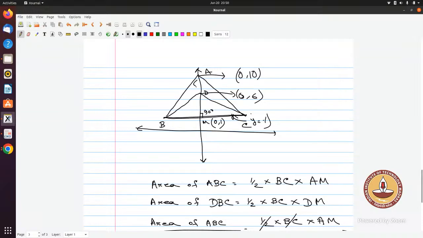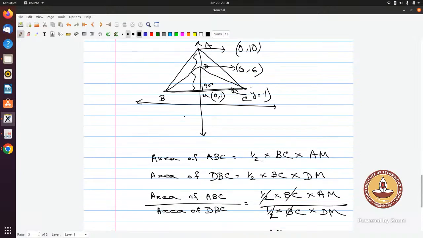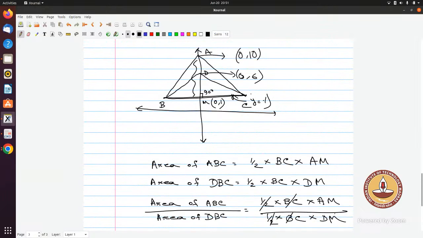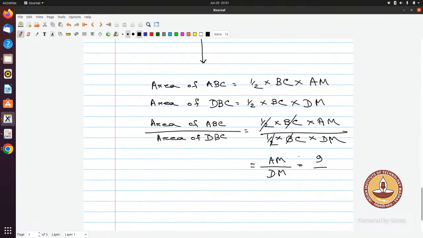So what is the length of AM? 9. Correct. So AM is 9. And DM? This is 0, 6 and 0, 1. So DM is 5. So 9 by 5. So this is 1.8. So this is what your value of K is.